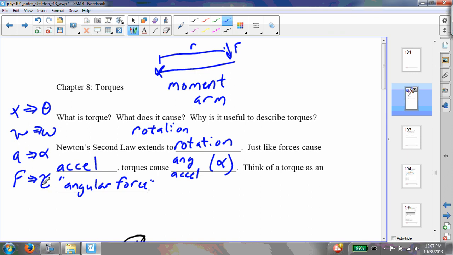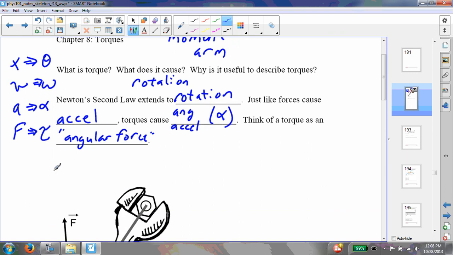F, the analog in the rotational frame, is the torque. This is the Greek letter tau. We'll use it to describe the torque. So where we were dealing with a force, we're now dealing with a torque. And Newton's second law will apply there. When we know Newton's second law, F equals ma, if we know the torque, then we can determine the acceleration.